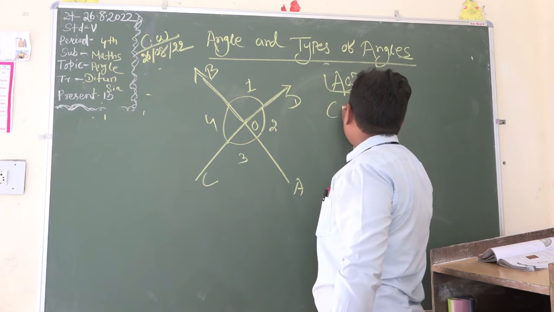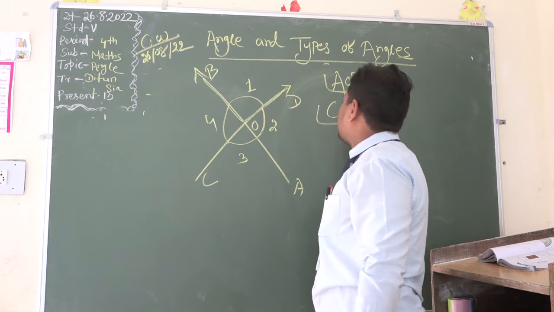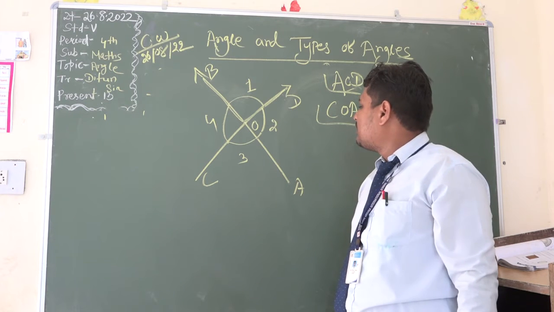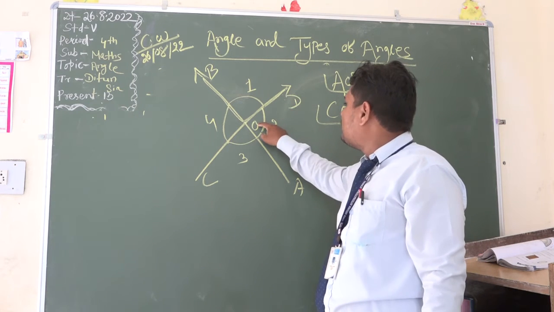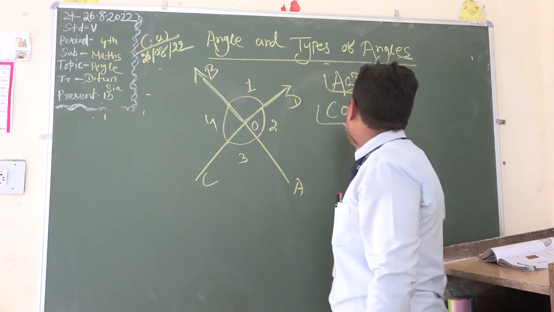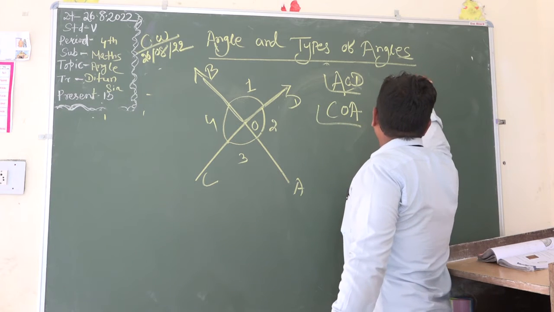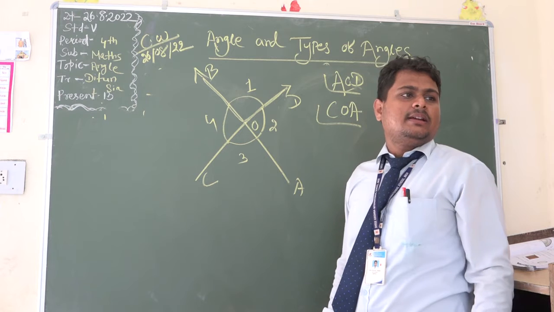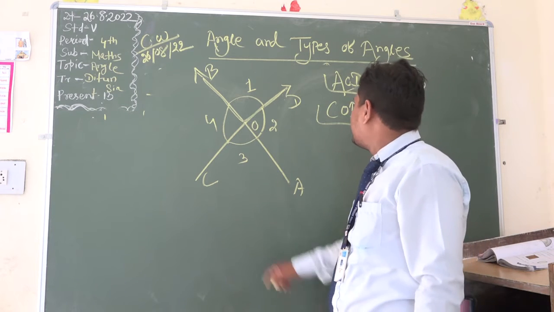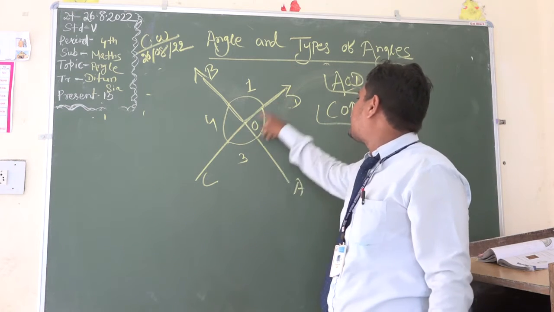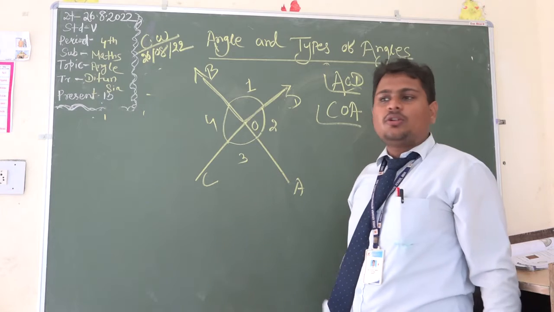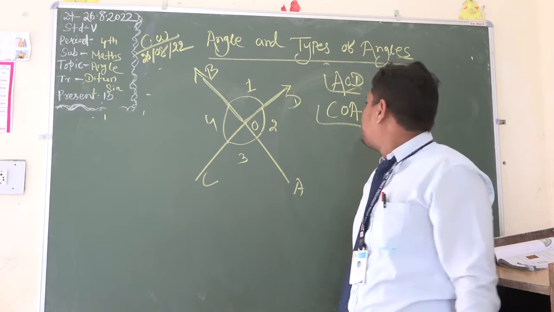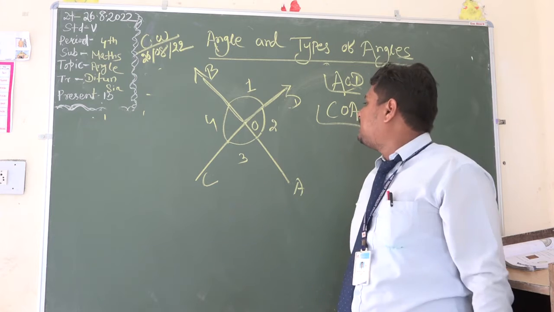Very good. BOD. Very good, BOD angle. Subhasri? COD. No, COD is one straight line. What other angle will they make? BOD we have already written.